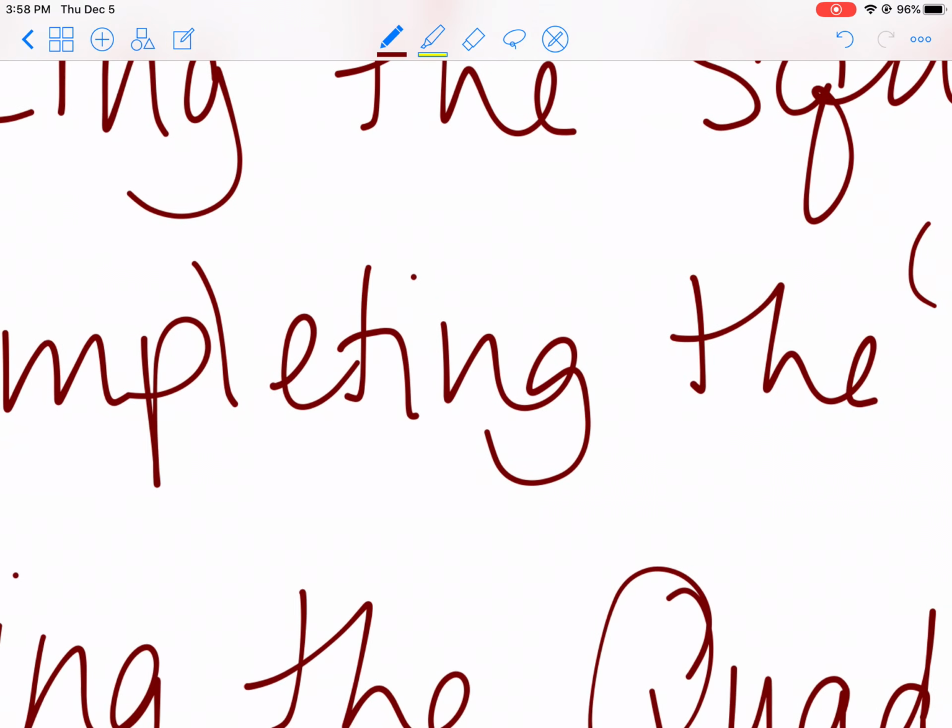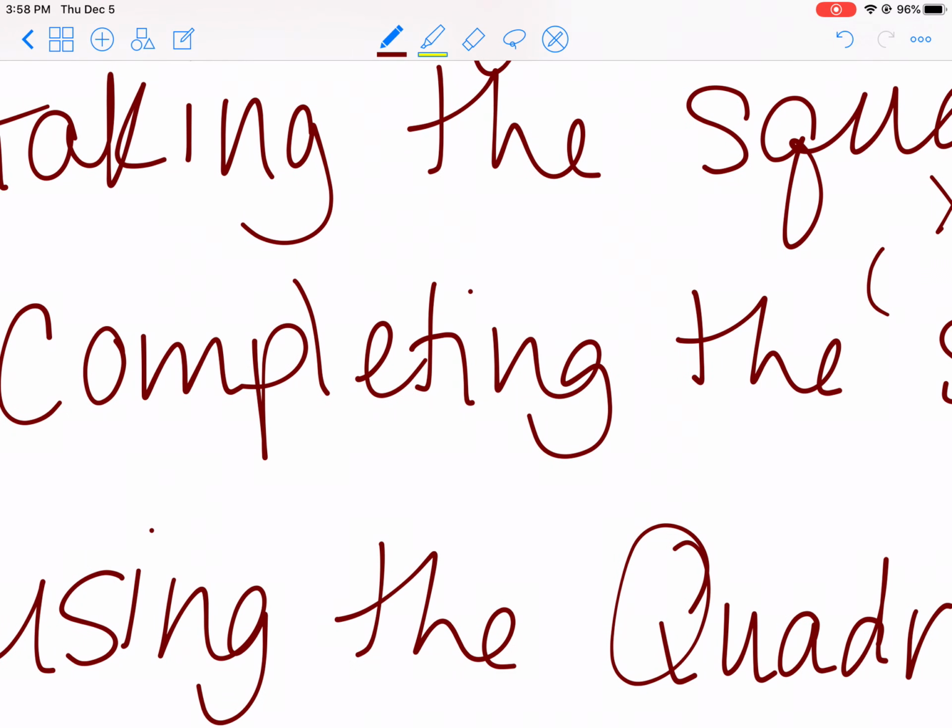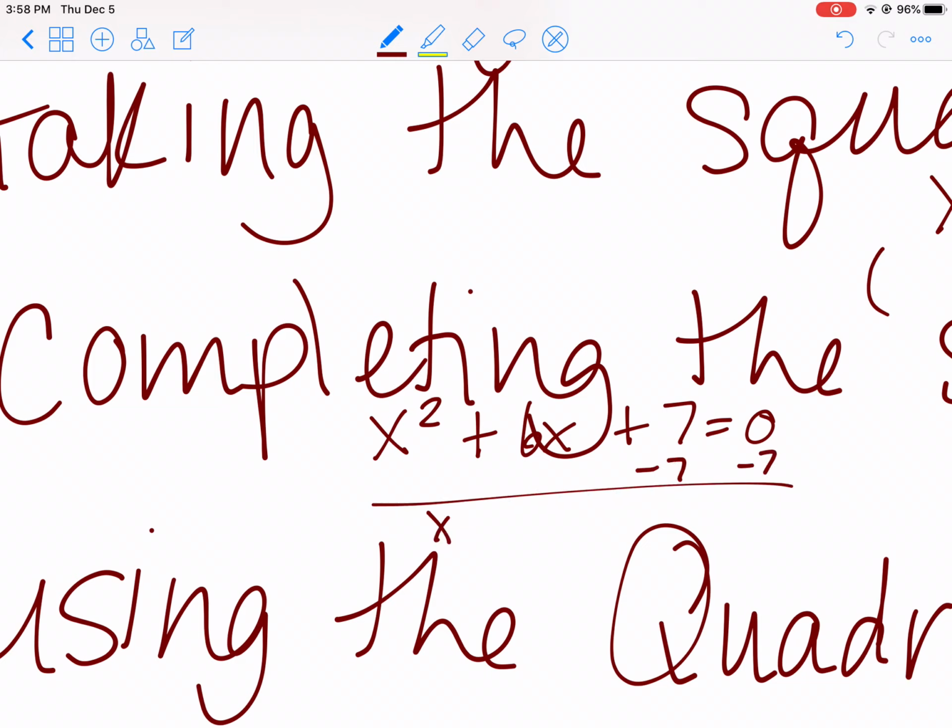This was especially helpful when we did have a third term, right? So if we had something like x squared plus 6x plus any number, we'll say 7, then we solved this by moving the constant to the other side of the equation.